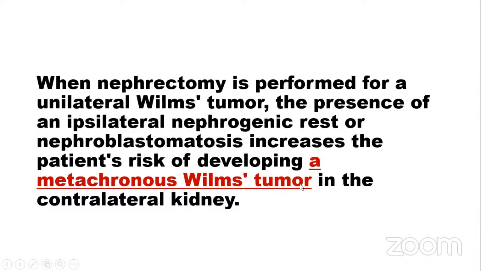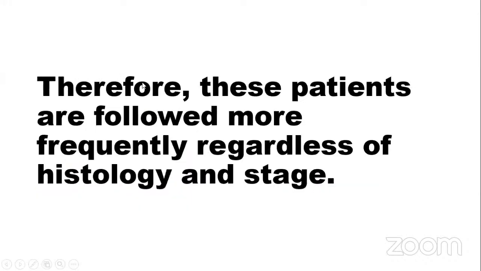So metachronous Wilms tumors might occur in the contralateral kidney in patients who underwent nephrectomy for unilateral Wilms tumors. Therefore, these patients are followed more frequently regardless of the histology and stage.